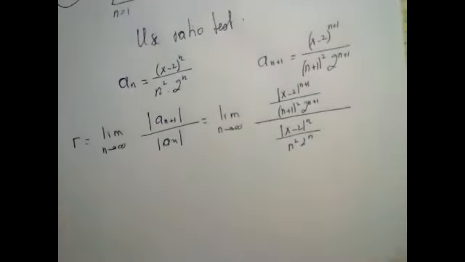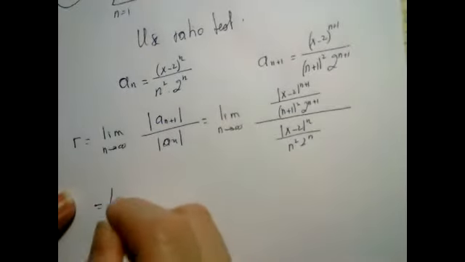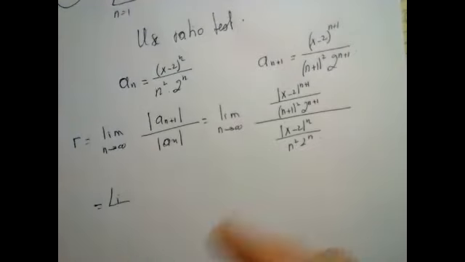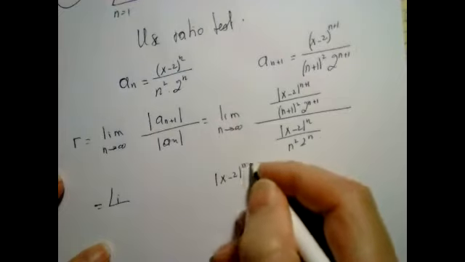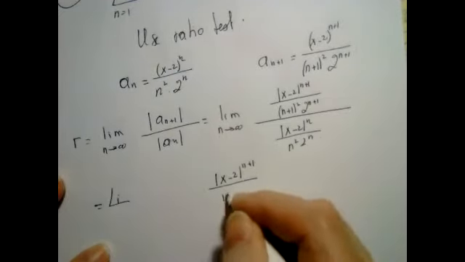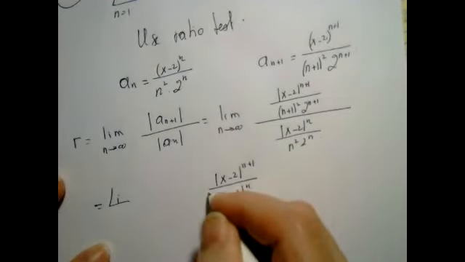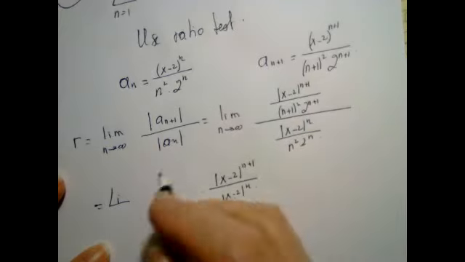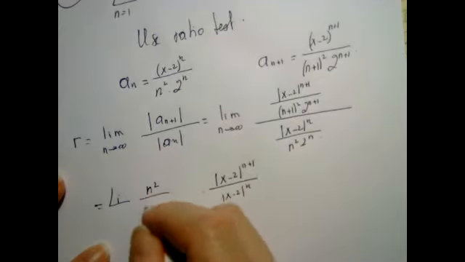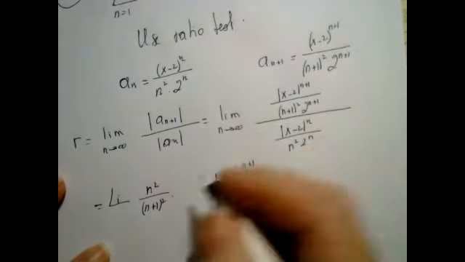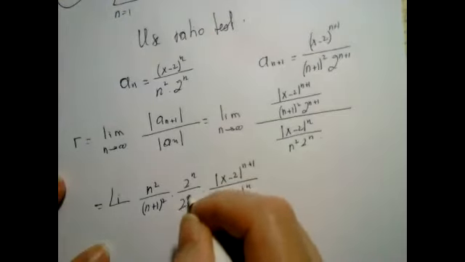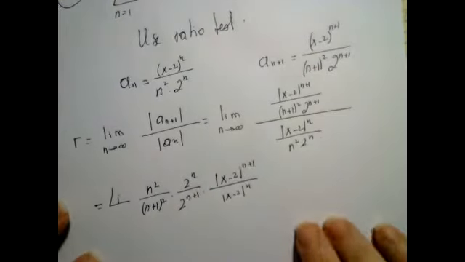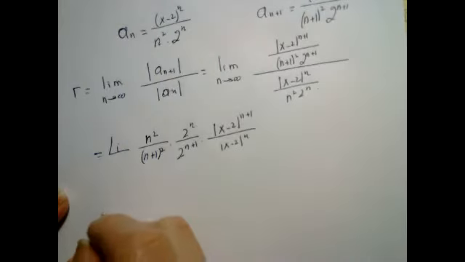Now we have to flip things around as usual, and we get the following limit. And we arrange terms. So we will have (x minus 2) to the n plus 1 over (x minus 2) to the n, and then I will have n squared over (n plus 1) squared, because that's easy to find the limit. And then this will go up 2 to the n over 2 to the n plus 1. Okay. And now we evaluate this limit.